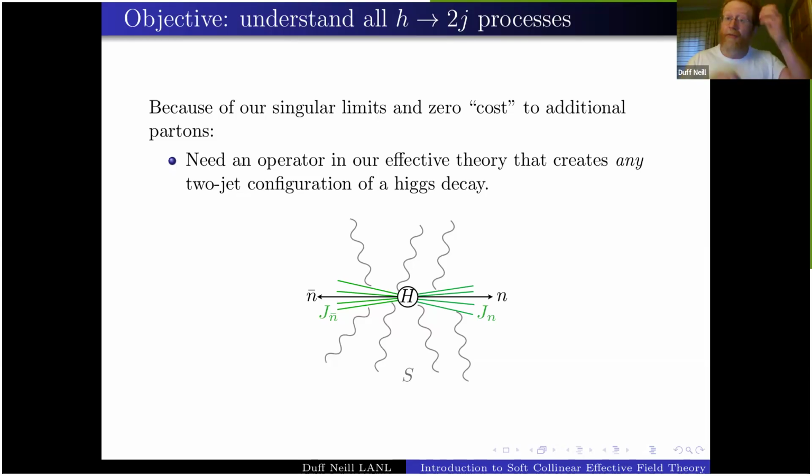You think about various different regions of a loop calculation being in some collinear region or some soft region. And these people that do these loop calculations have tried to write automatic programs that will spit out for you, by just analyzing the Feynman diagram in an algorithmic way, all the regions that you needed in order to do this type of expansion and reconstruct the loop integral in that limit.